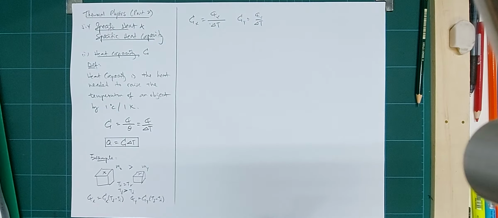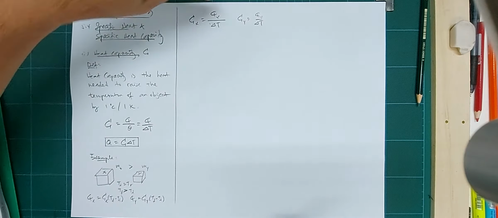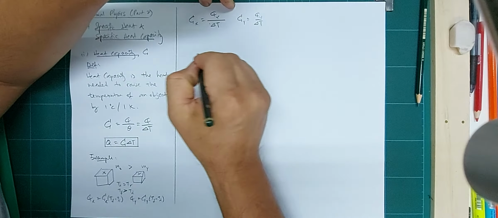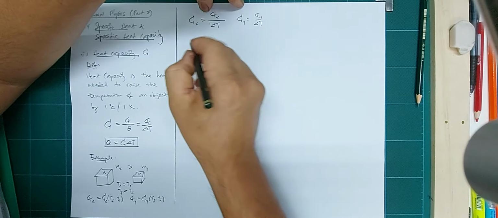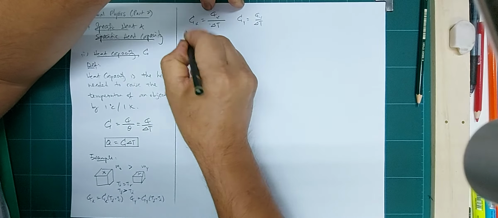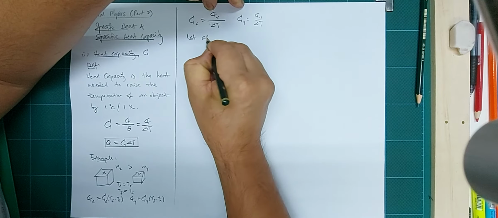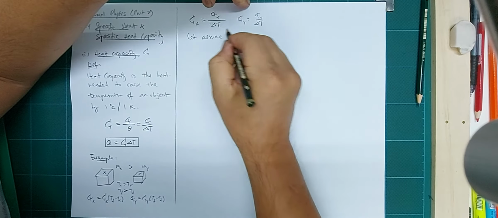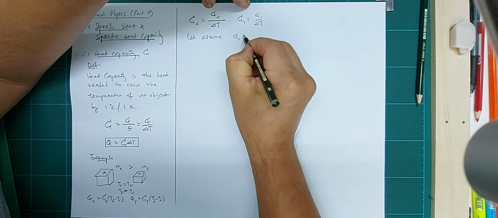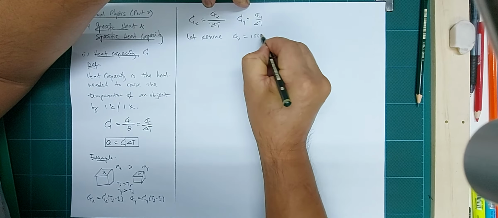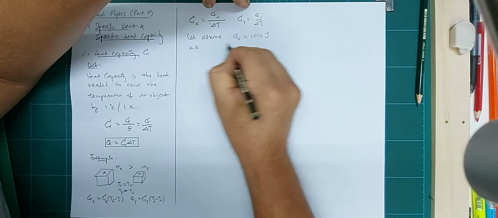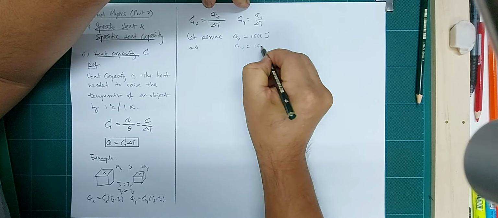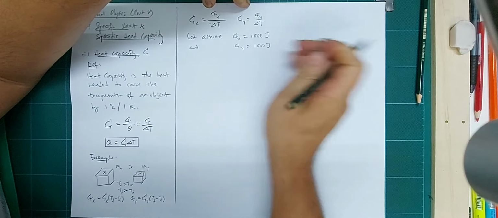Now, regardless of their mass, let's assume the amount of energy you put in, QX is 1000 joules and QY is also 1000 joules.